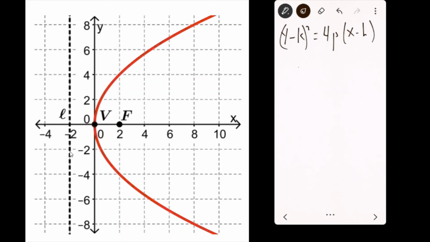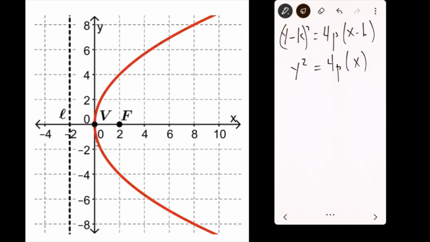So y squared, diretso na siyang y squared kasi 0 naman. So y squared equals 4p times x. Wala siyang kasama eh.